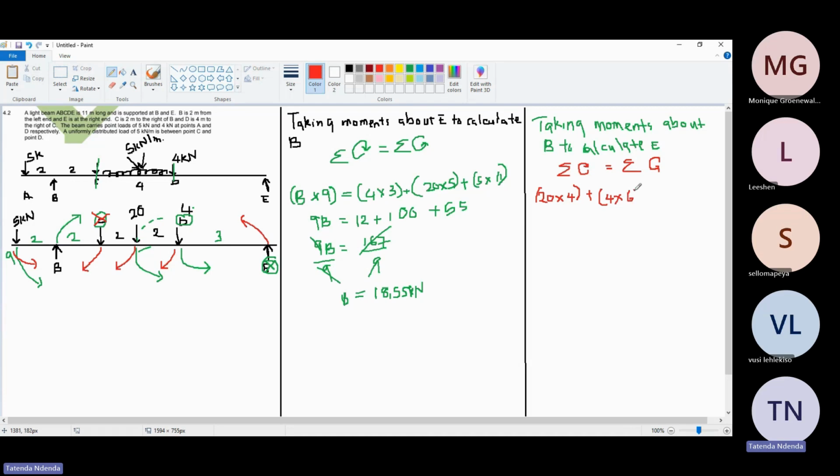So 4 multiplied by 6 is equivalent to anti-clockwise. We're having E, sorry, not B, multiplied by 9. But we still have another anti-clockwise one, which is 5 by 2.